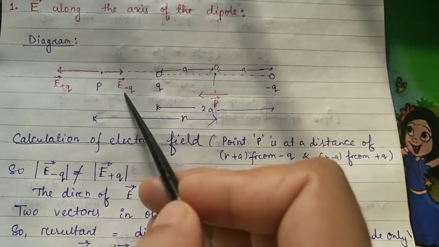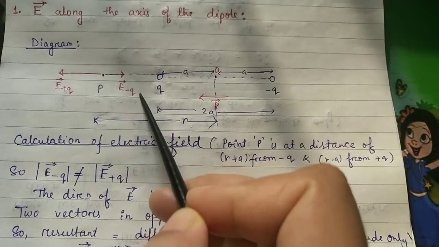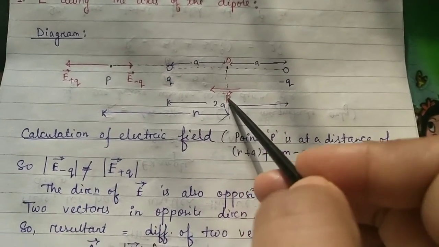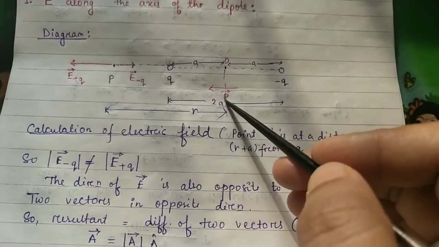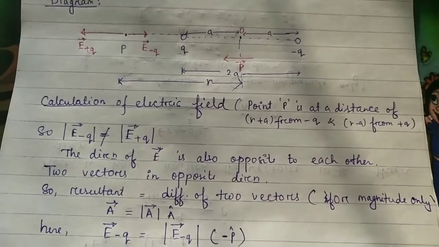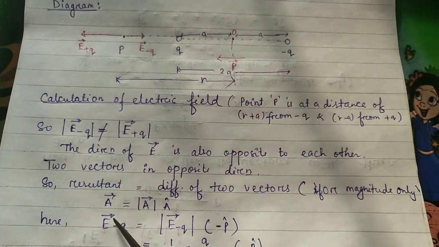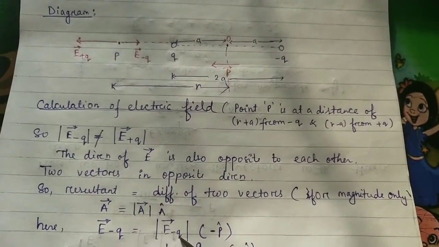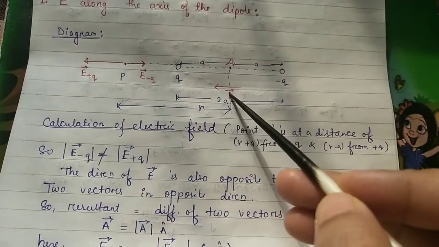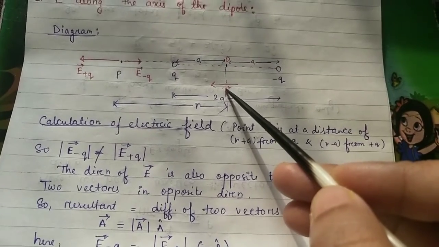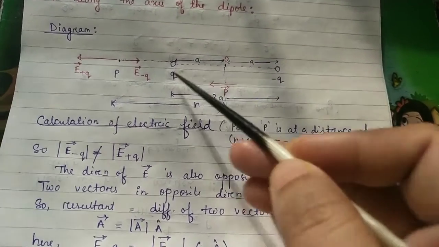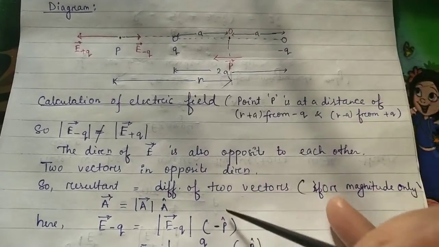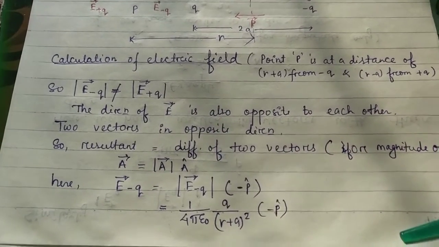That means we can write that the direction of electric field due to minus q charge is opposite to the direction of the dipole moment. Here I have written E vector minus q equal to the magnitude of the vector E and its direction is opposite to P vector. This is the direction towards left, and we are having towards right, so it is minus of P. Here don't confuse with the minus sign.